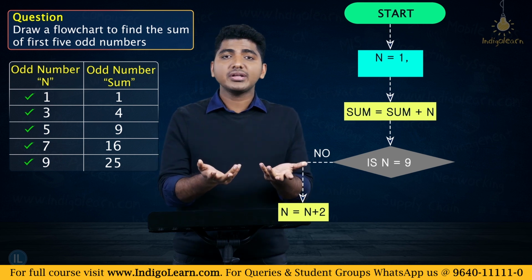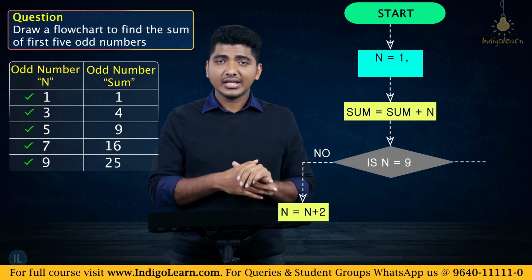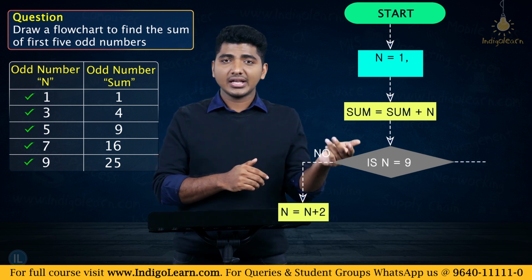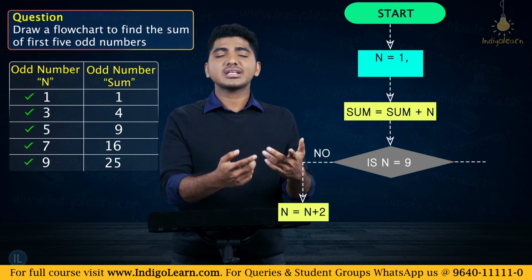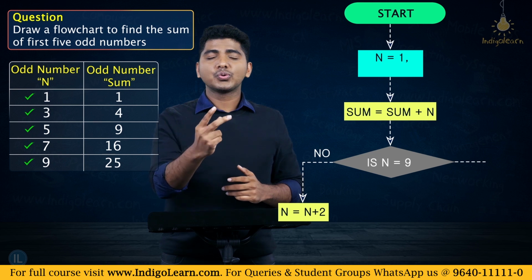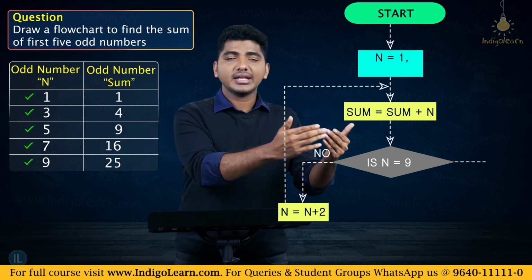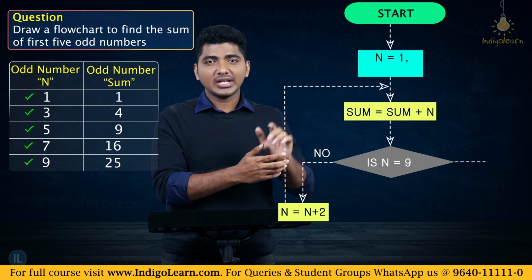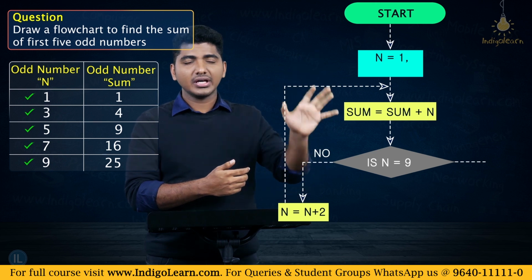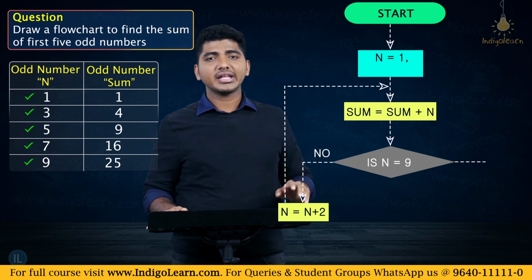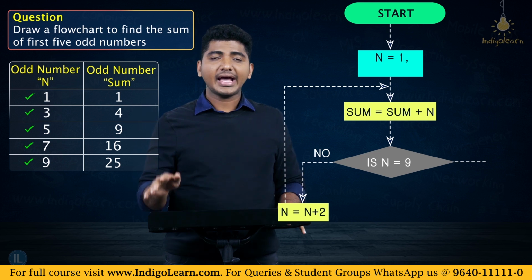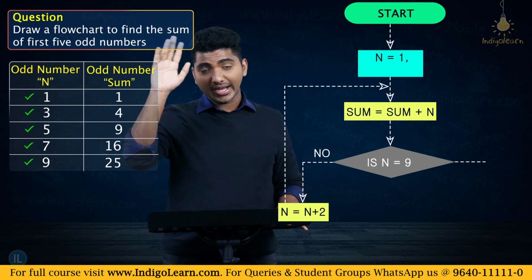But what if n is not greater than 9? Then you add 2 to n to go to the next odd number. So let us see how this calculation works in the form of this flowchart. When you started, n was 1 and sum was 0.